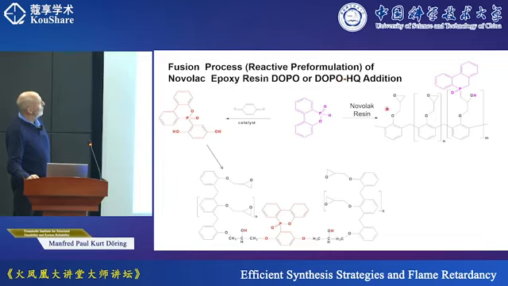Here, DOPO with a Novolac resin forms that one. You have here the original resin and here the bridge, or here the adduct. And now you can use it without any use of epichlorohydrin, and you have not only the molecule incorporated, but also the flame retardant property.